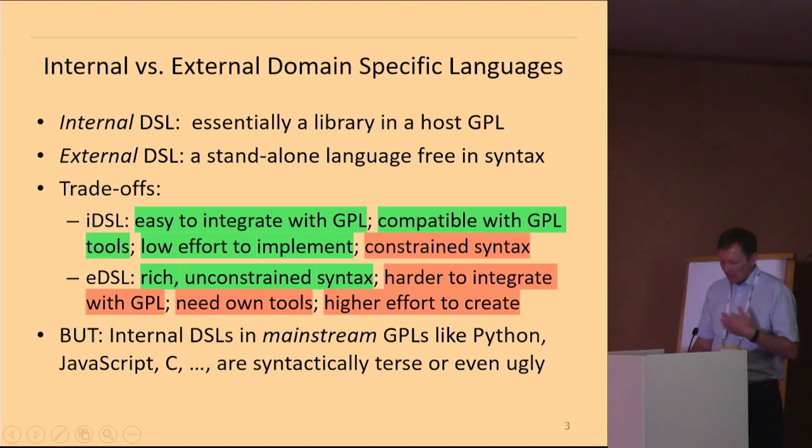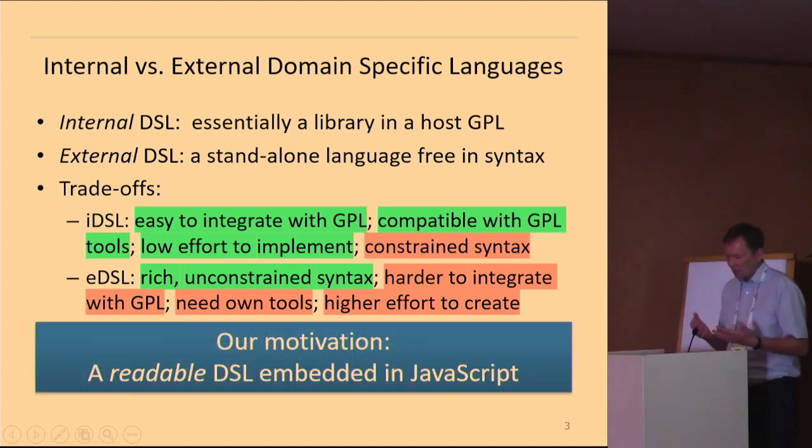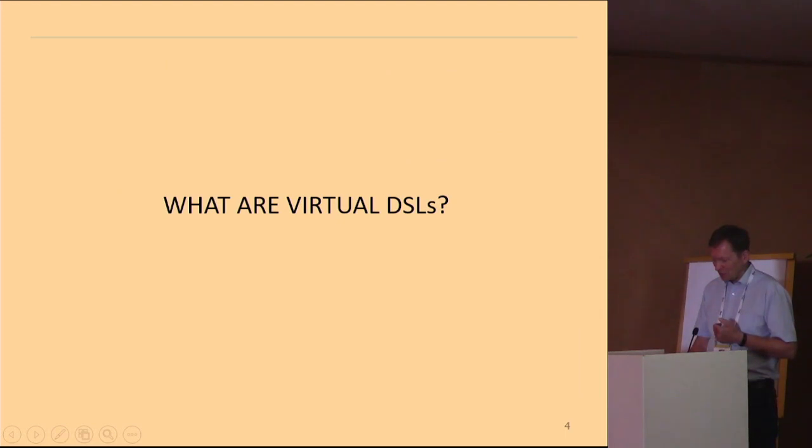This was also one of our motivations: how to create a readable, beautiful DSL embedded into JavaScript. Okay, and after this motivation, I can tell you what we have created.